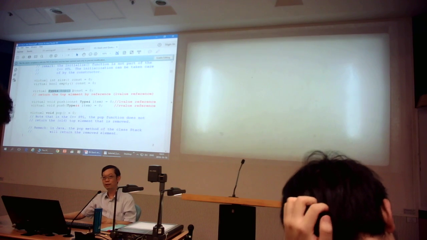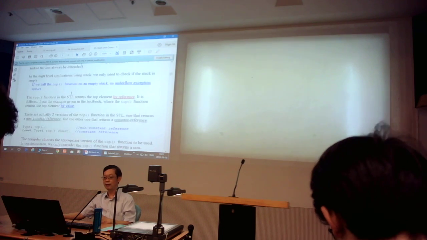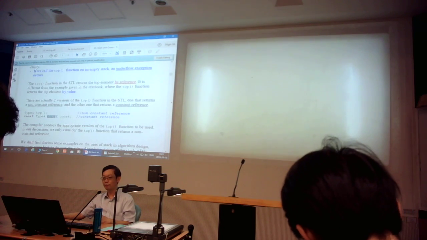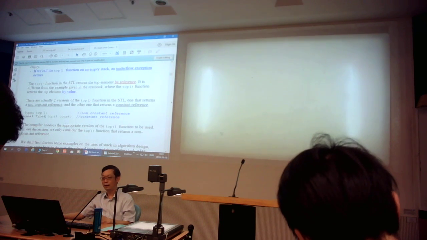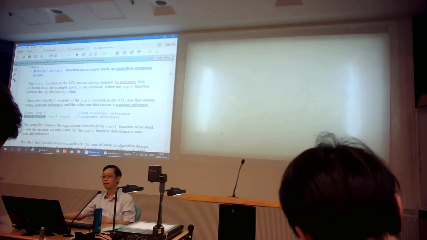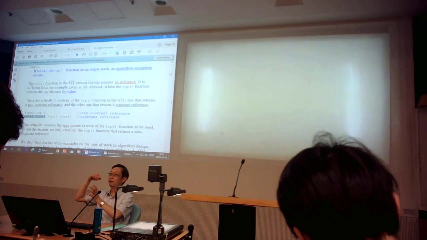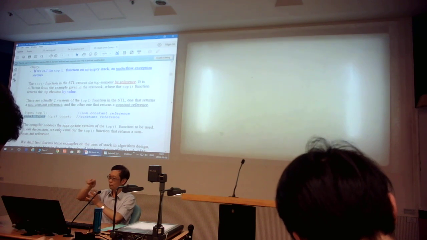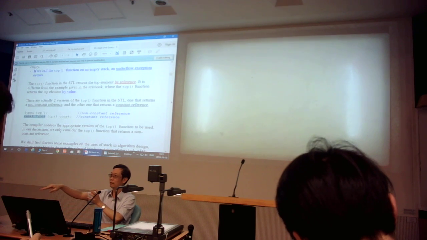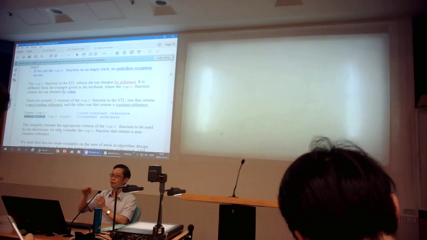Now, actually in the STL, there's another version of the top function that returns the top element by reference, but it is a constant reference, meaning that you get the value of the top element, but if you are using this version, you will not be able to modify the top element through the returned reference.